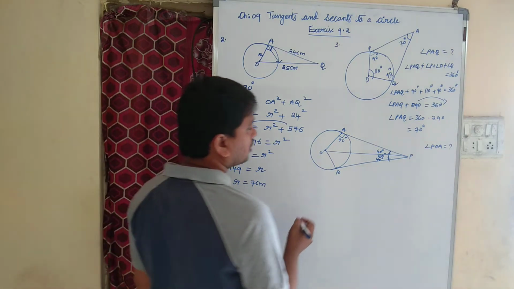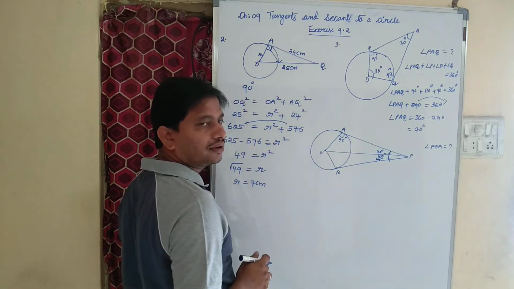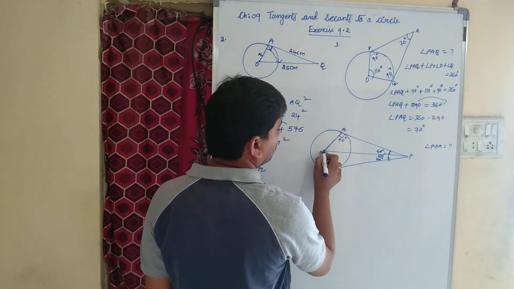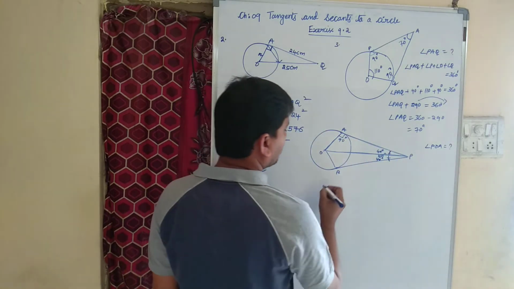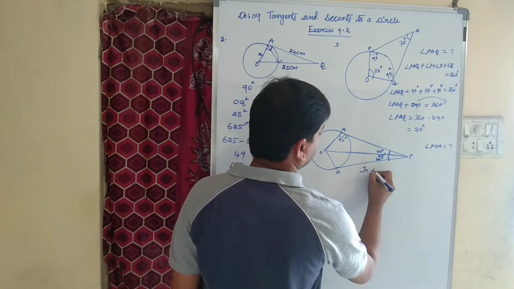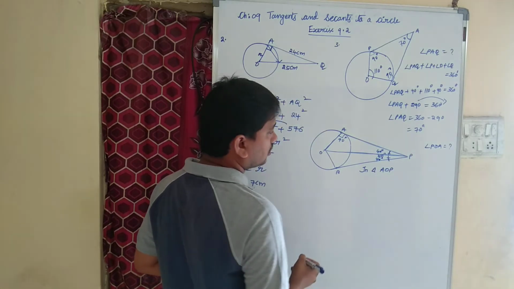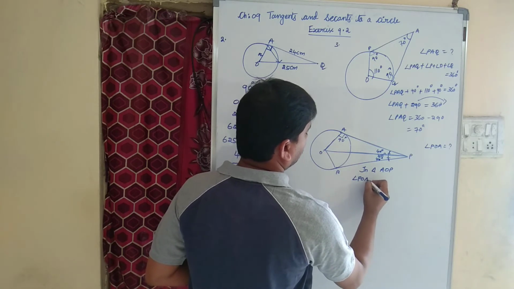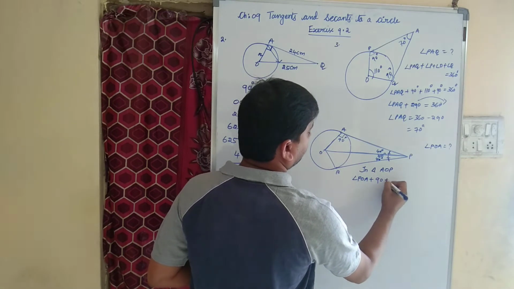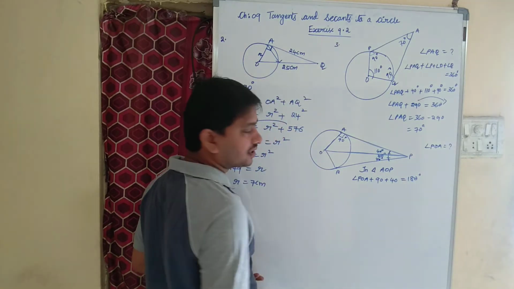So if you consider POA, it is a triangle because it has three sides. So we are considering this triangle. In triangle AOP, angle POA plus 90 plus 40, that is the angle sum property of a triangle, is 180 degrees.